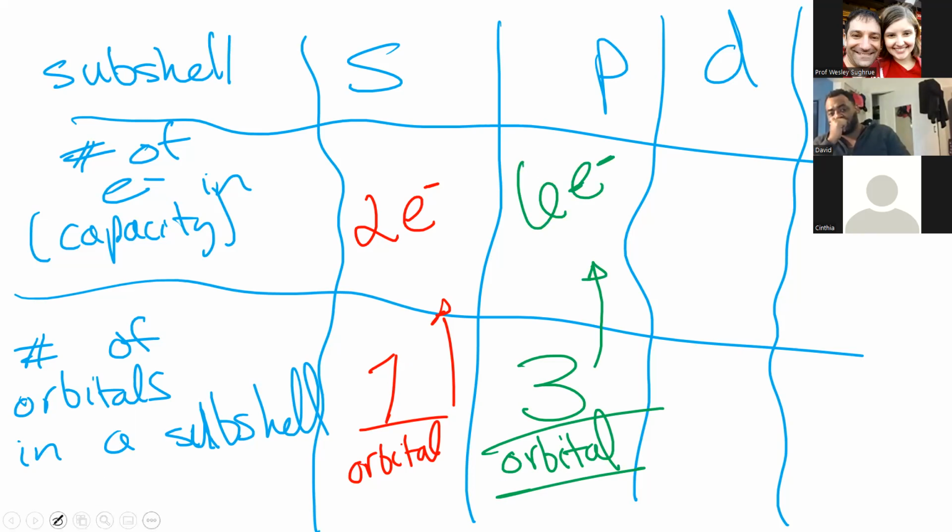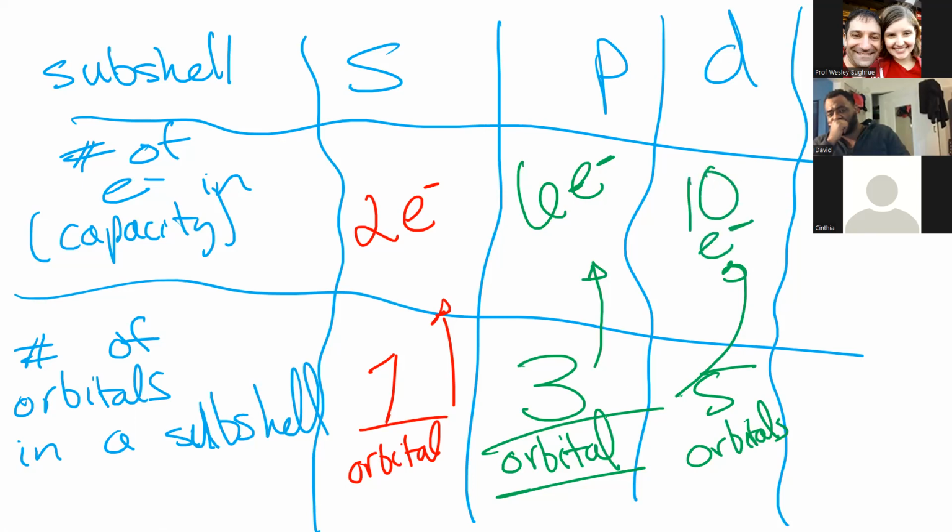D has 5 orbitals within that subshell. Because there are 2 electrons per orbital, 2 times 5 means you can get a maximum of 10 electrons per subshell.